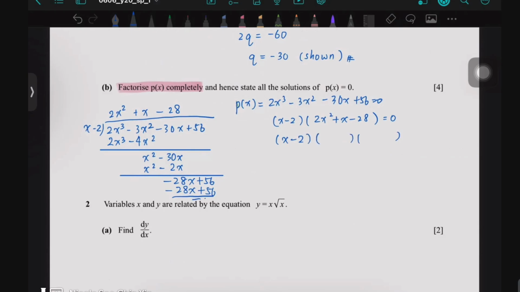I will have 2x and x, 4 and 7, minus, positive, equals 0. So basically my solutions are x equals 2, x equals 7 over 2, x equals negative 4.